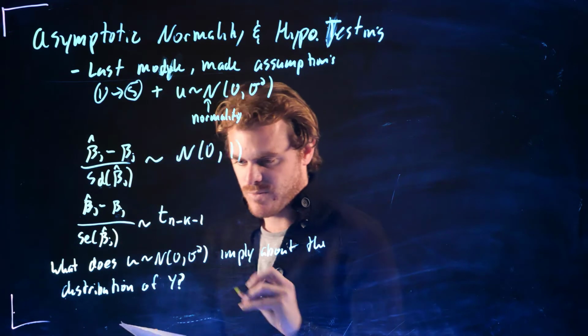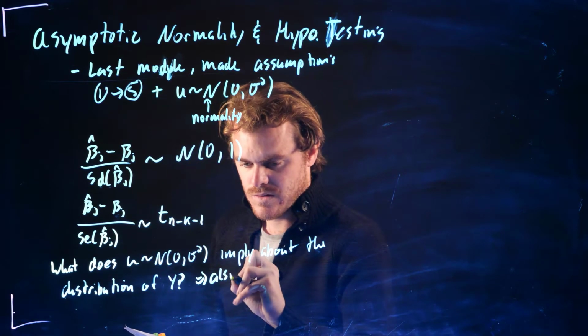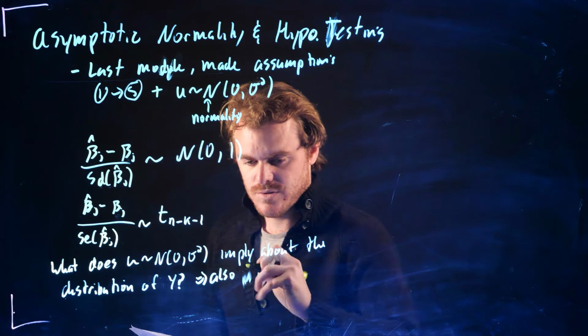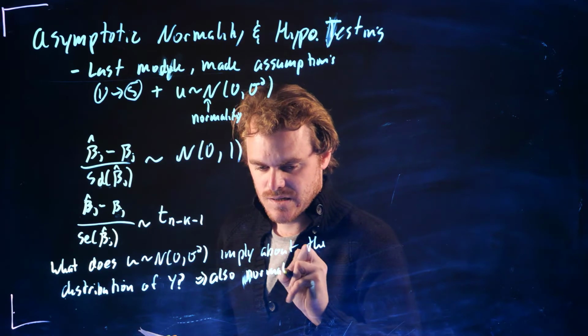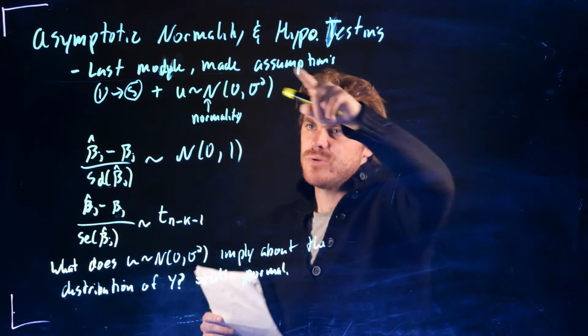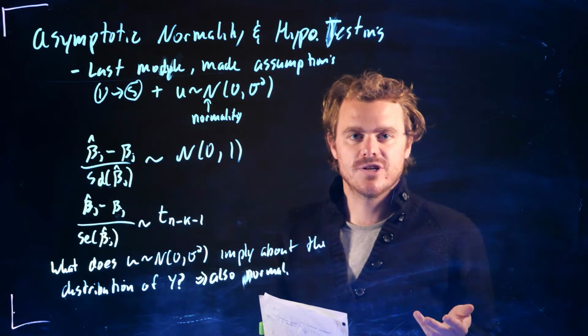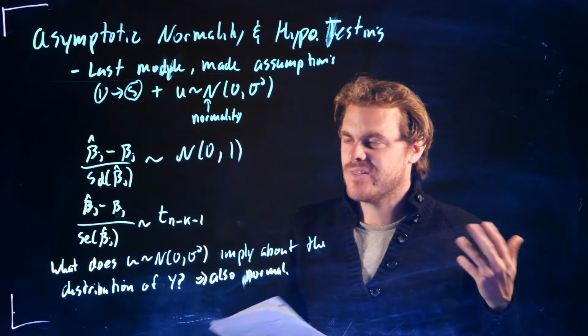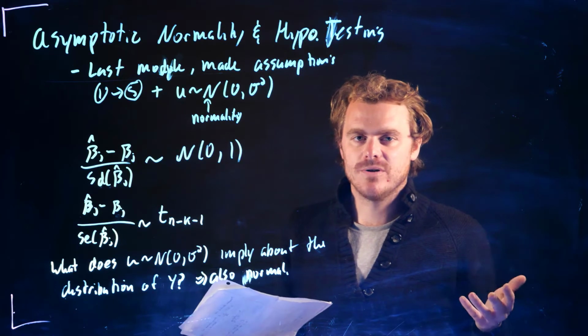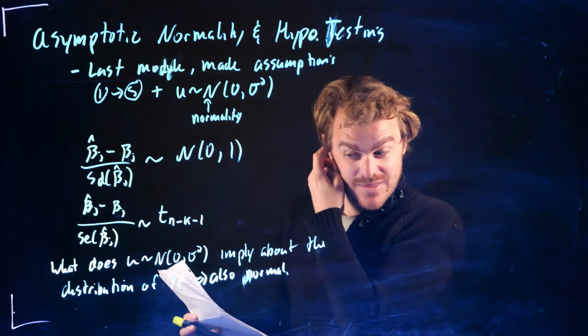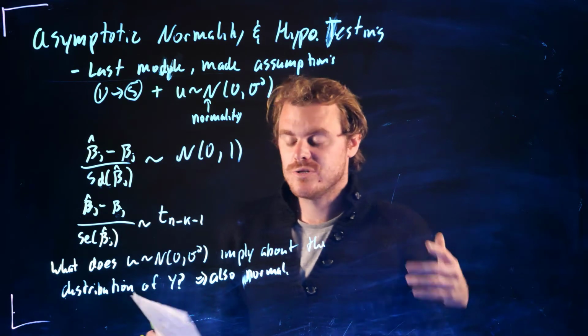Well, that it's also normal. This assumption about the U's implies that all the Y's we've been looking at are normally distributed. But in a lot of the cases and situations we've been looking at, there's no reason to think that those Y's should be normally distributed.